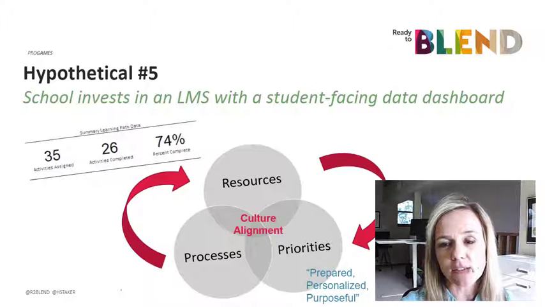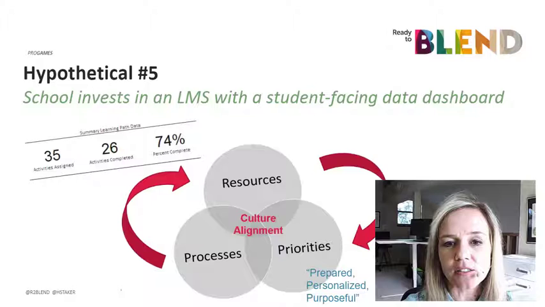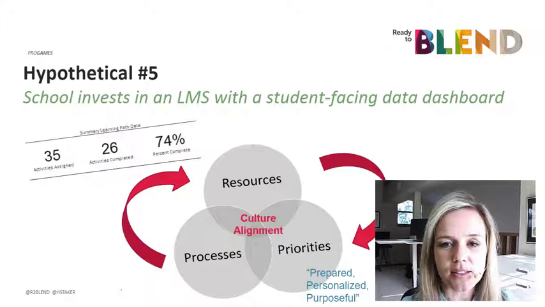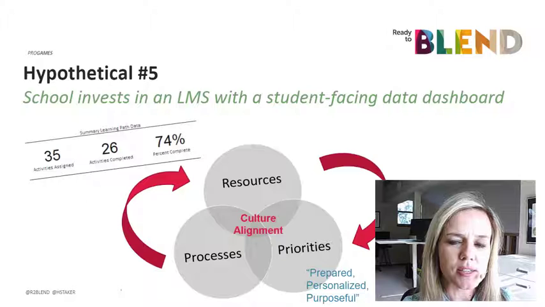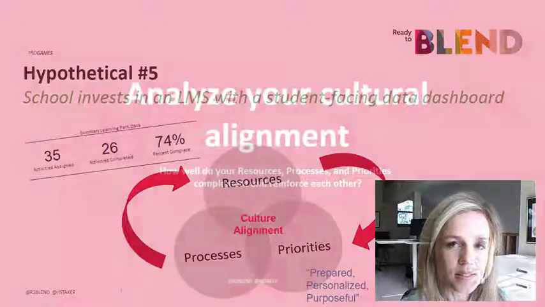So the student has great visibility into exactly where they are in their learning and how much progress they're making each day. I would argue that that resource decision complements your priorities, of being prepared, personalized, and purposeful. My question for you is, which of those priorities would you say it complements the most?